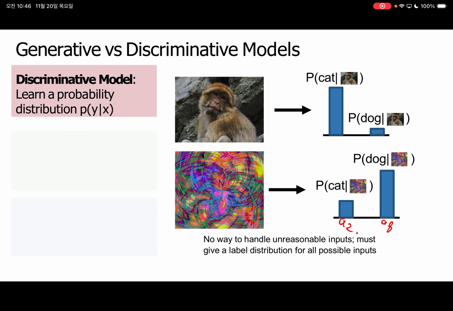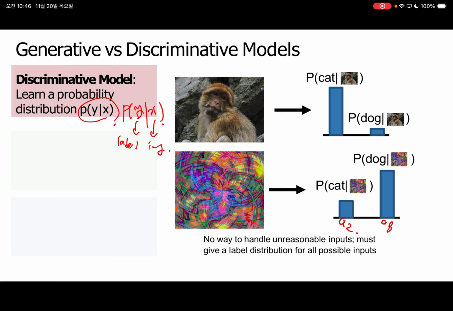In the discriminative approach, what we are interested in is the label y given x, right? Where y is the label, x is the image, right? Given an image, what is the probability of this image belonging to some specific label?